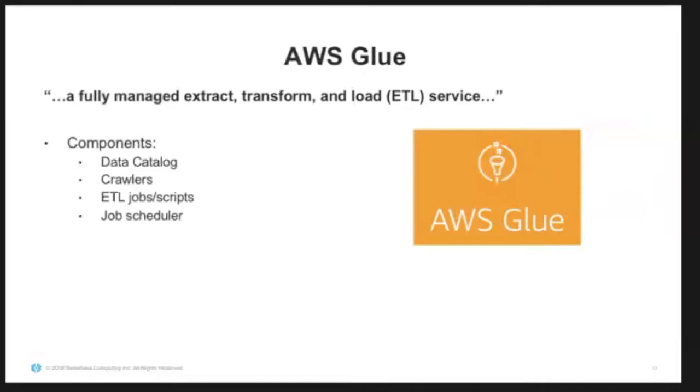The crawlers can go out into a table structure or into your S3 buckets and directories and figure out the schema behind the data stored there, and then create the metadata in your data catalog. You have lots of options on how to do that. Then of course it's an ETL tool, so you have ETL jobs and scripts. And what's an ETL tool without a job scheduler built in? So we have that as well, a way to run the jobs.